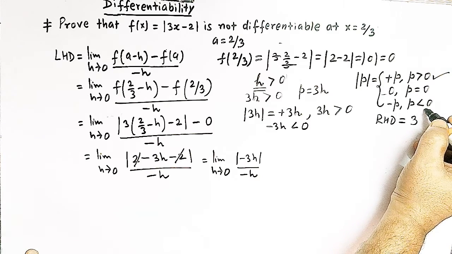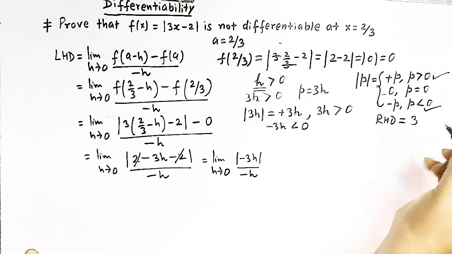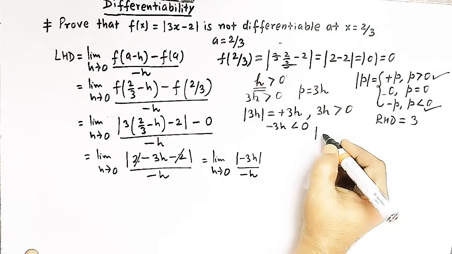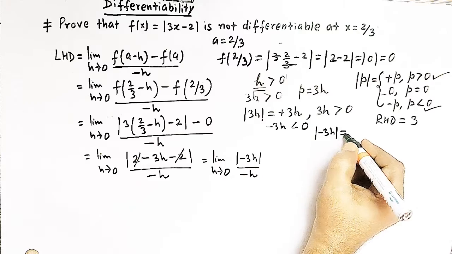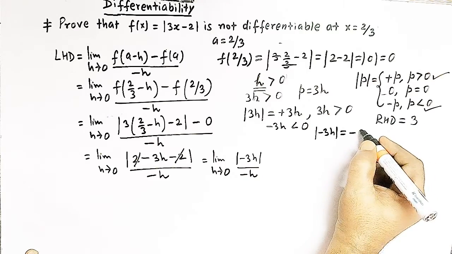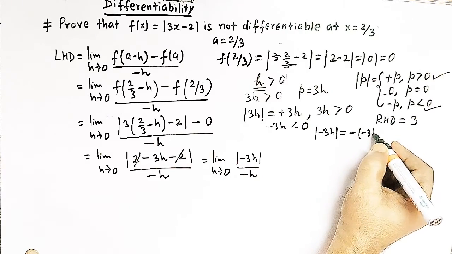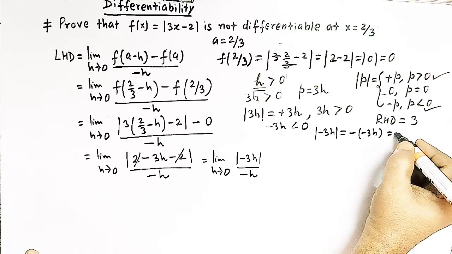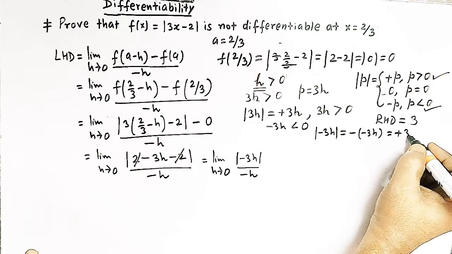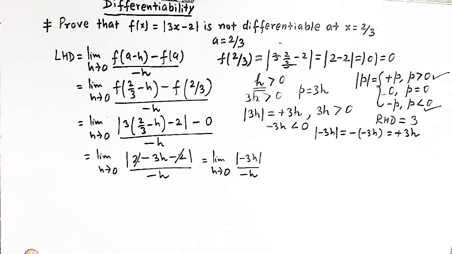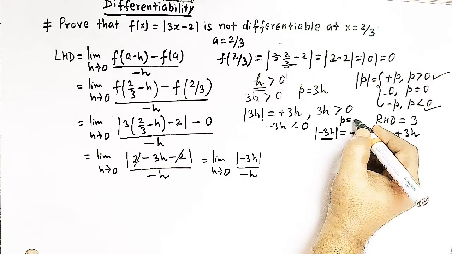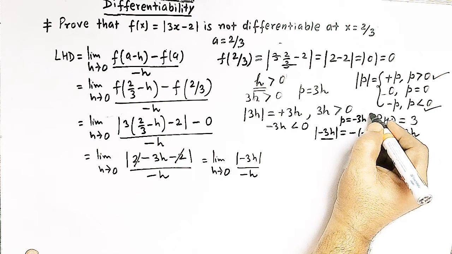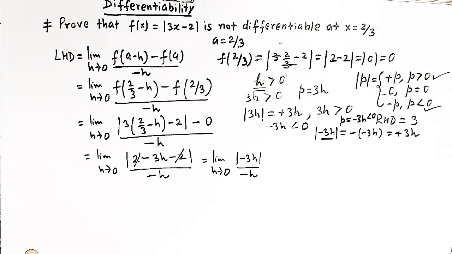And now we have to make use of this part of the definition, that is a mod of minus 3h is given by negative of 3h, that is equal to positive 3h, right? Because here now the value of p is minus 3h, which is less than 0, right?